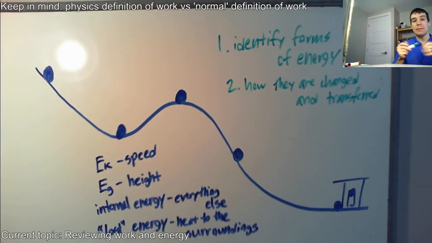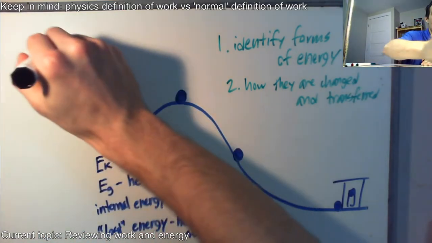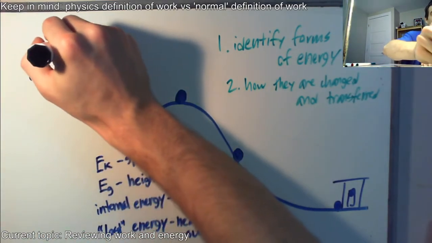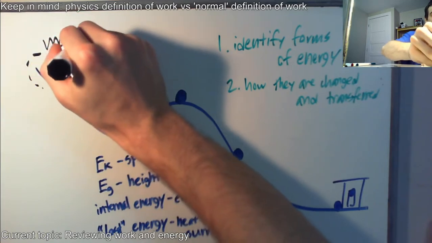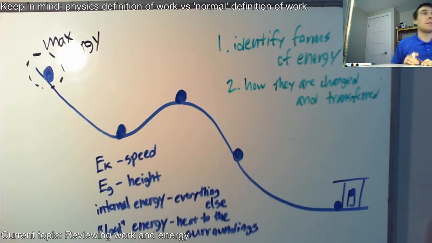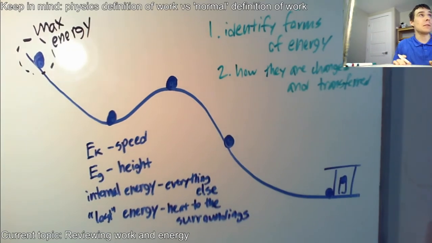Where's the maximum energy of this car? Take a minute to think about it. And I mean, clearly it's up here. Here's the maximum total energy. Right, max energy up here, max energy up there.